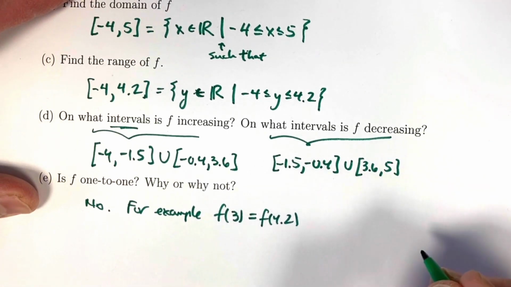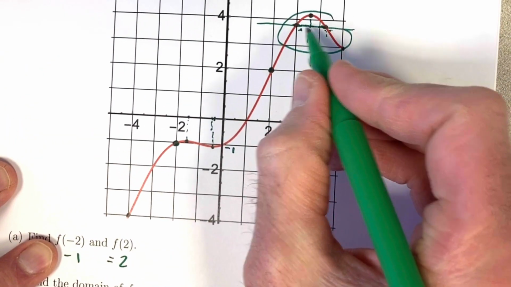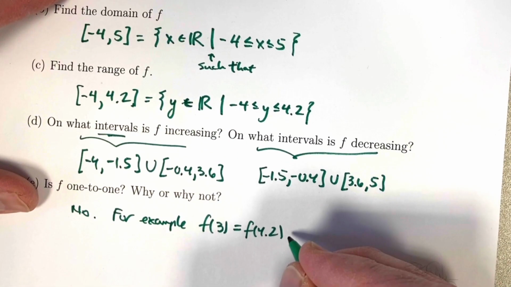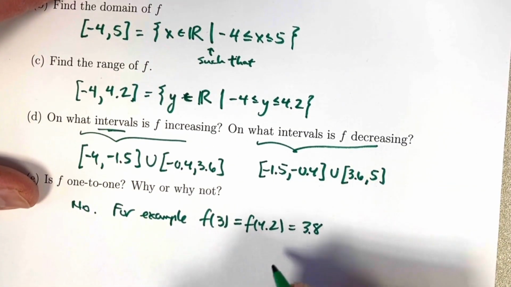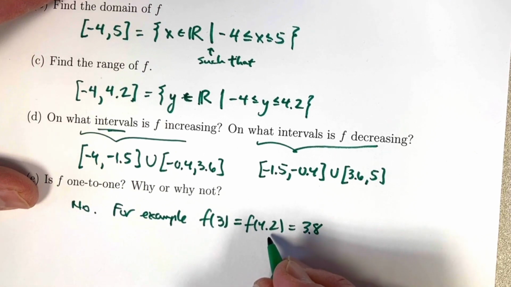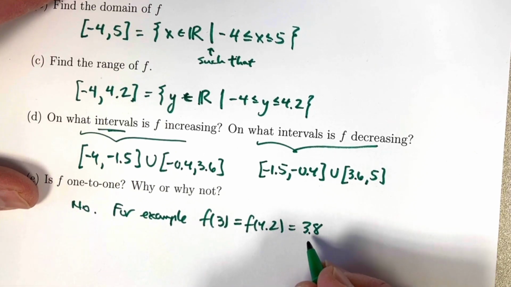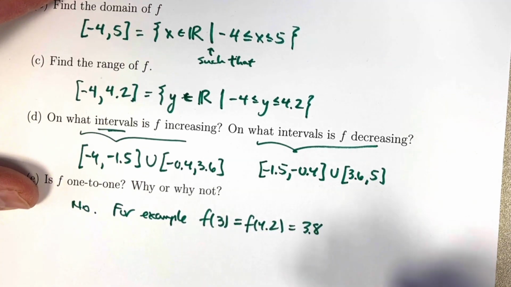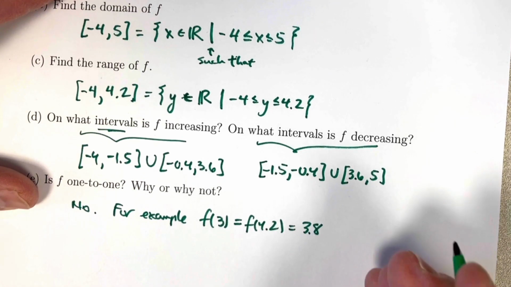They are both equal to the second coordinate of these two points, which let's just say are equal to 3.8. So these two distinct inputs, 3 and 4.2, give the same output. That output, 3.8, has two distinct inputs that get mapped to it. That's enough to say it's not 1 to 1.